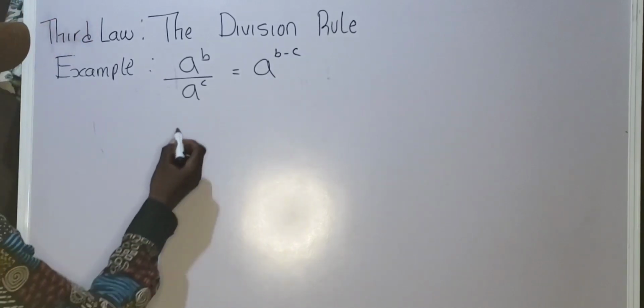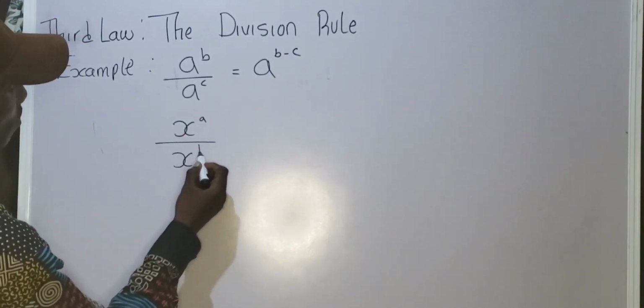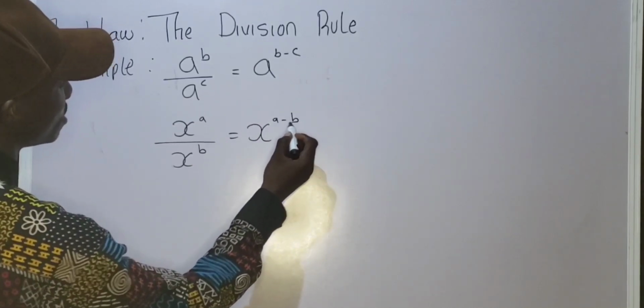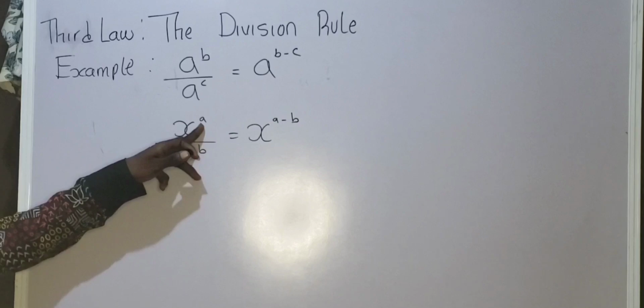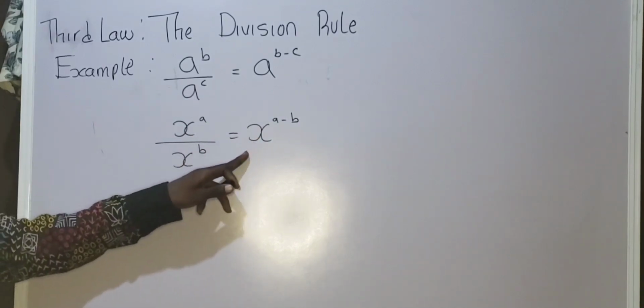If I have x raised to the power of a all over x raised to the power of b, this is equal to x raised to the power of a minus b, that is the powers of the numerator minus the powers of the denominator raised to the same base. Are you getting what I'm saying?